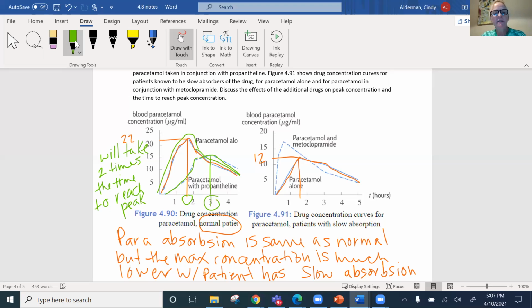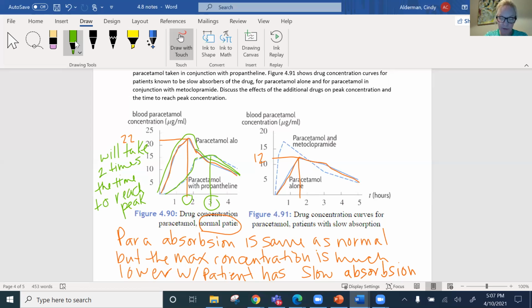And that might be, a doctor might put that together with the normal para to slow down the absorption. Let's say like in a young infant or somebody that they weren't sure how the drug was going to react with them, or if they were going to have adverse reactions. So that could happen too.